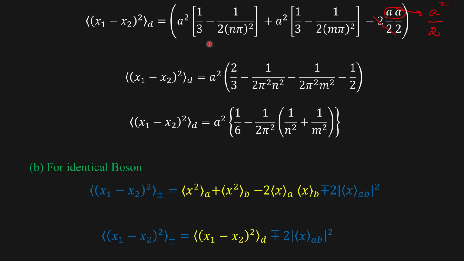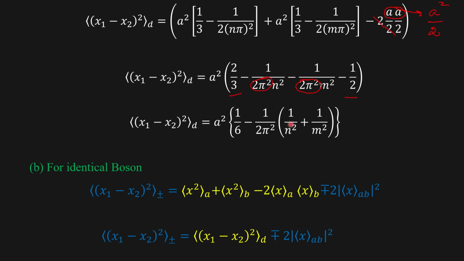Here you have 1 over 3 and 1 over 3, which becomes 2 over 3, minus 1 over 2 pi squared n squared, minus 1 over 2 pi squared m squared, and this is 1 over 2 because I have taken a squared outside. Taking the common factor, 2 over 3 minus 1 over 2 is equal to 1 over 6, and 1 over 2 pi squared is common in the other two terms.